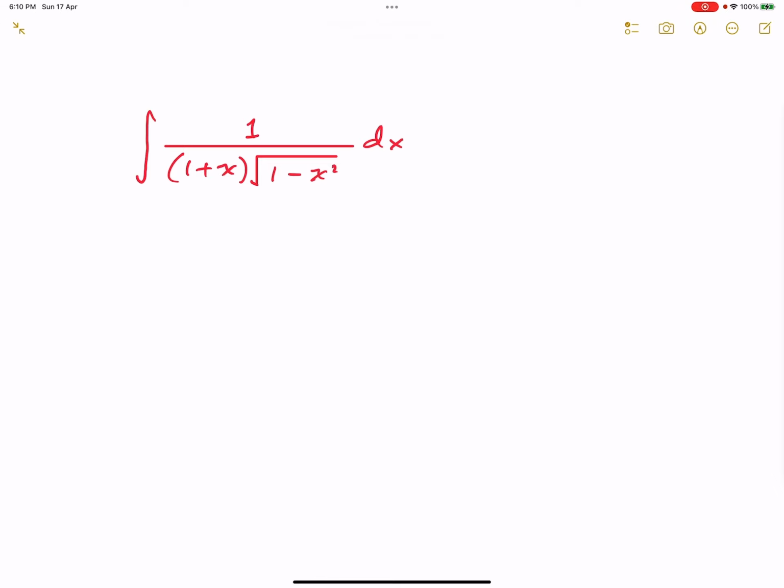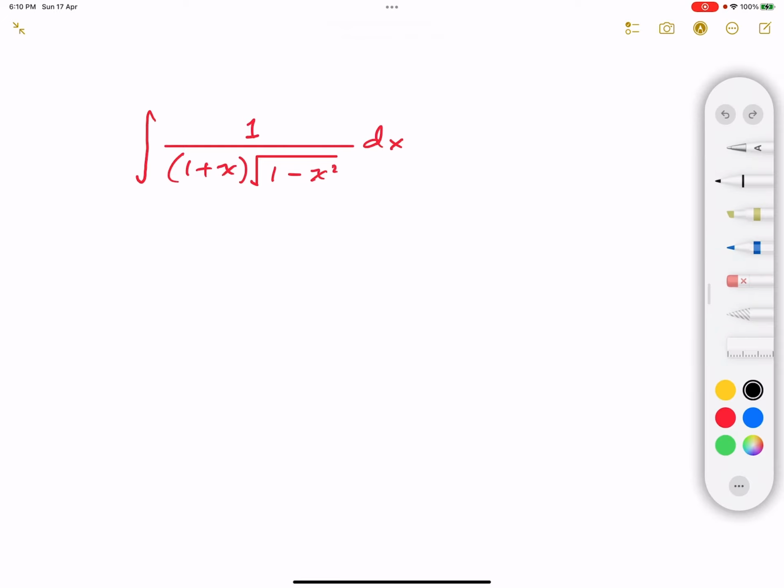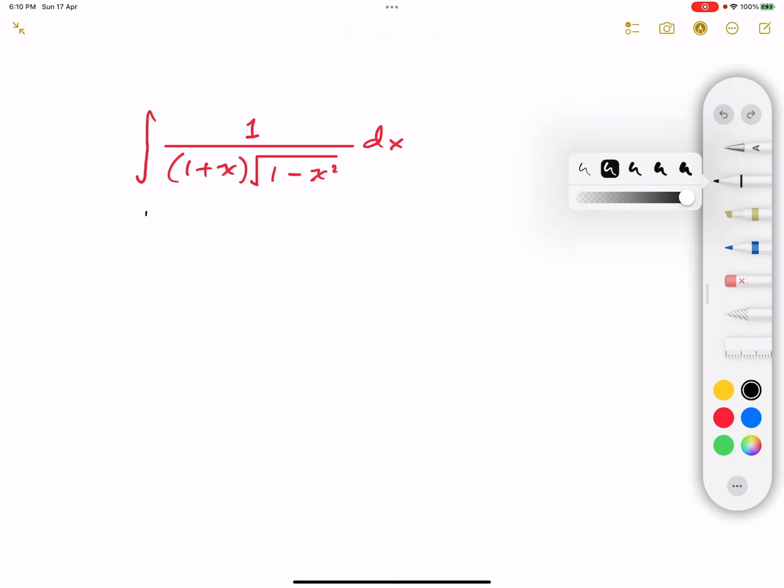We're going to let x equal sine u, and then let's see what happens. So I will let x, which is the squared quantity here, equal the square root of the constant, which is 1. That gives us 1 multiplied by sine u.